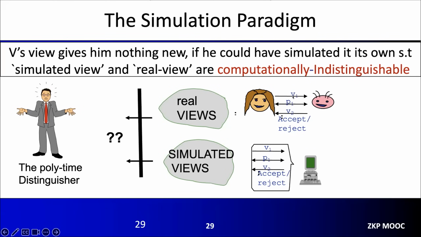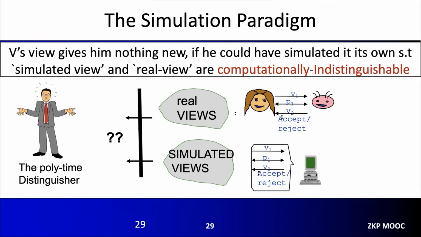I say that this view gives the verifier nothing new if he could have actually simulated it on his own, sitting with his laptop or his computer at home, not talking to any prover. He could have come up with a simulated view. So this is again a probability distribution. He can essentially sample the simulated views himself. And what has to be true about the simulated view in terms of relation to the real view is that if there's someone else out there, let's call him the polynomial time distinguisher, and he's pressing a button, saying, give me a sample from the distribution that you have.